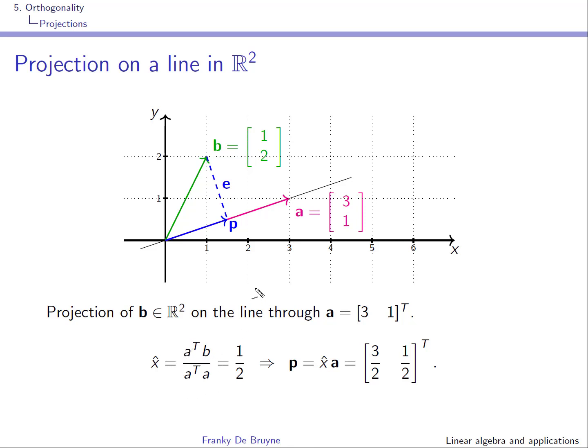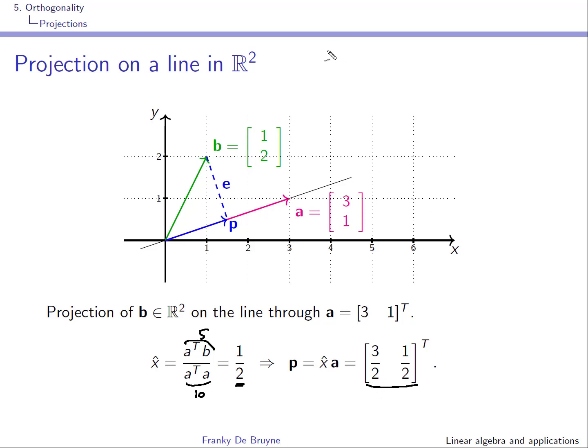A transpose b will lead to 1 times 3 plus 2, which is a 5 over here, and the scalar product of this one by itself will give you 10. Okay, so indeed this gives you a half. So the projection is this multiplier times the vector itself, and this leads to this over here.